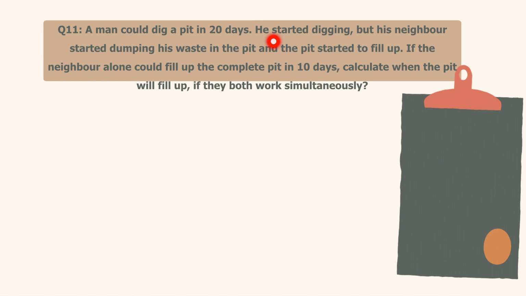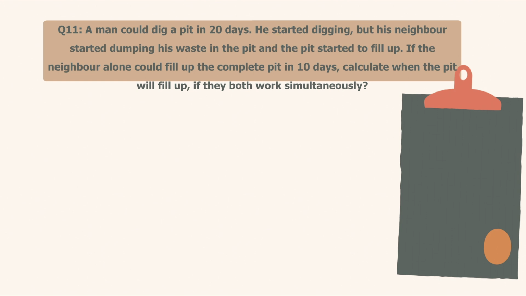If the neighbor alone could fill up the complete pit in 10 days. See, something you need to notice is that in such questions where you have work in opposite directions, one person is digging, the other person is filling it up, or one person is filling the tank, the other is leaking the tank. In this type of question, you need to look at the time taken by both the people, or both the taps, or whatever it is.